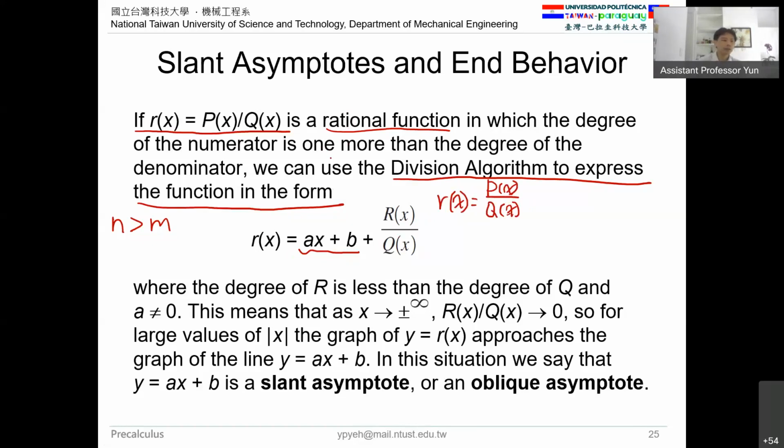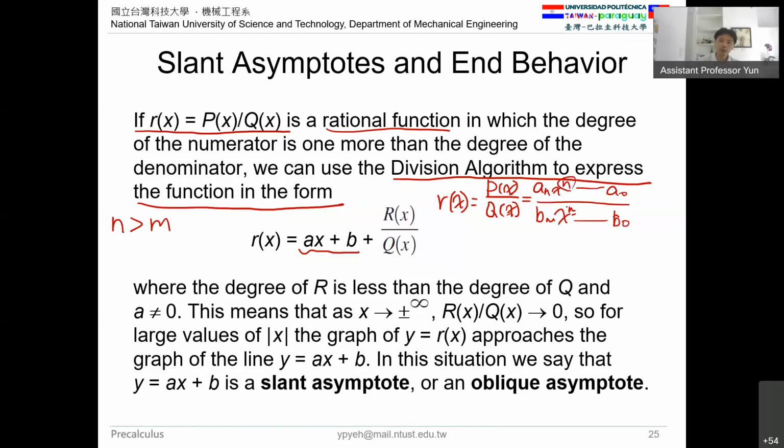And they have a certain degree. For example, there will be a_n x to the n down to a0, and b_m x to the power of m down to b0, right? So they have a certain degree.